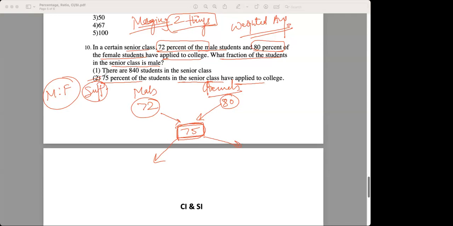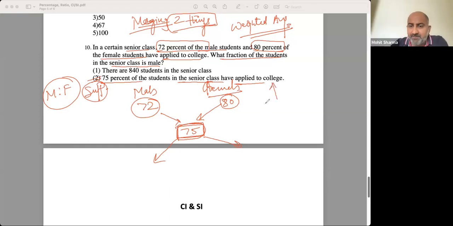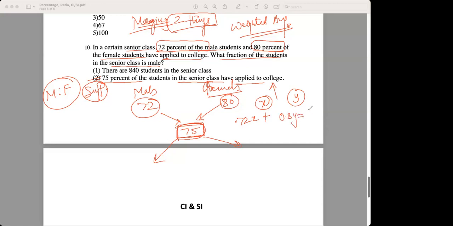Even if you don't do it by weighted average, let's say X is the number of boys, Y is the number of girls. So 0.72 of X plus 0.8 of Y. Statement 2 is simply saying that 75% have applied. We know the percentage, but that percentage has to be calculated on the number.